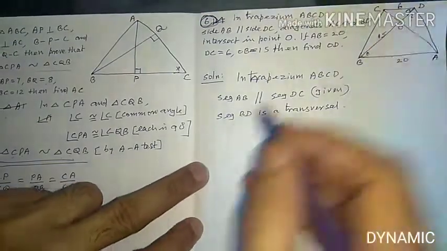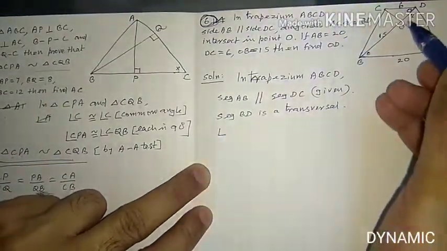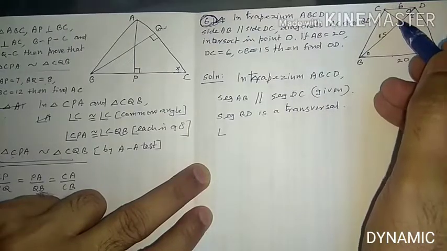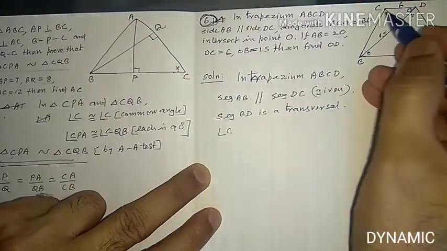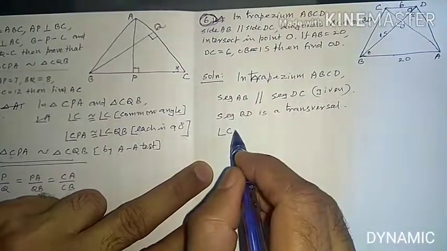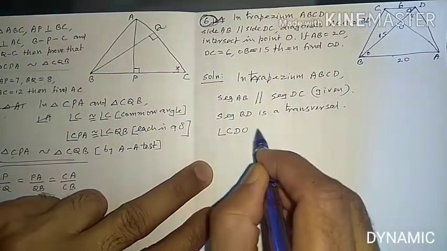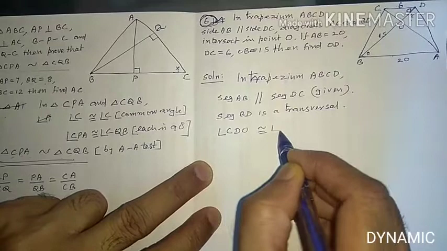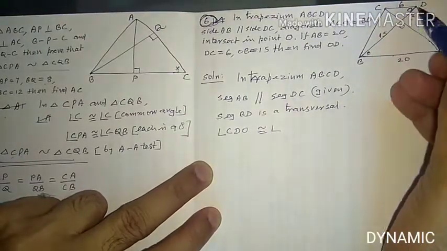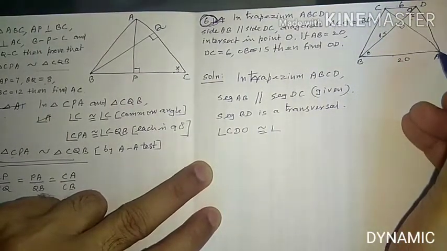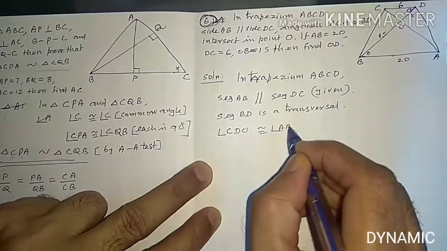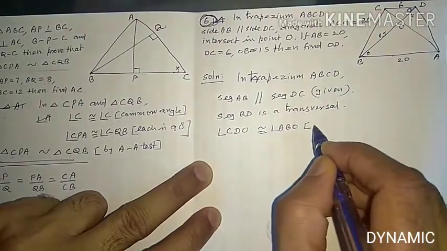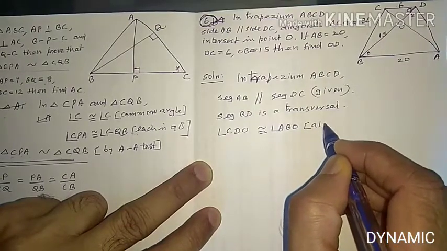So we can say these are one pair of alternate angles. Therefore, angle CDO is congruent to angle ABO.